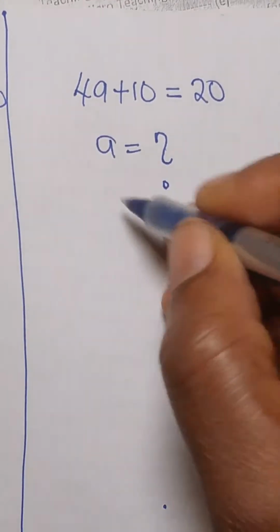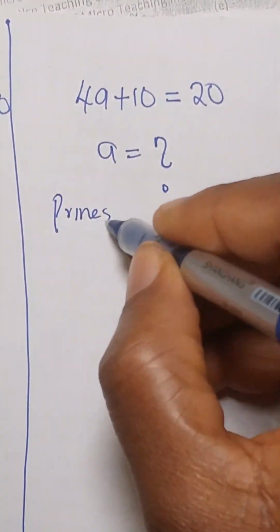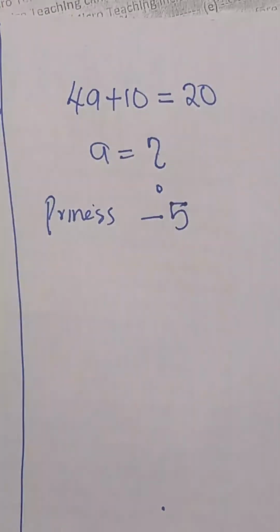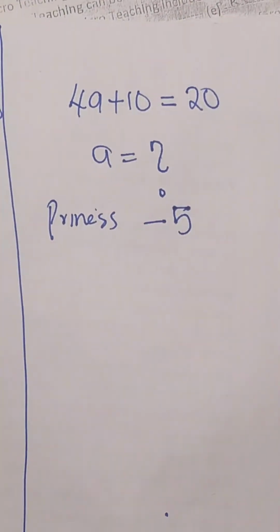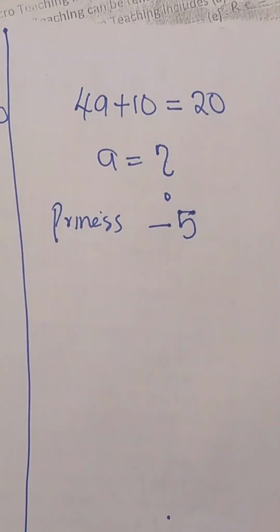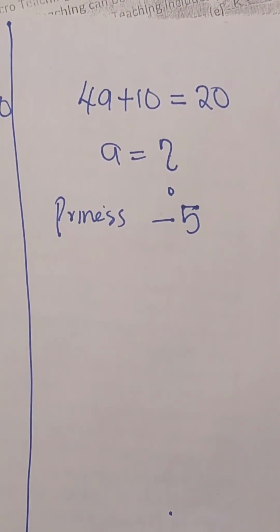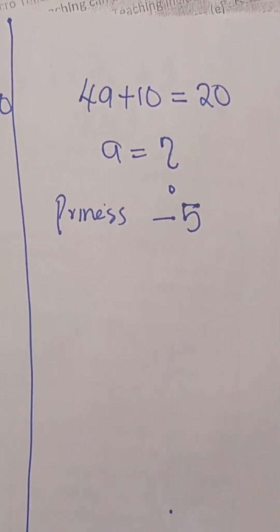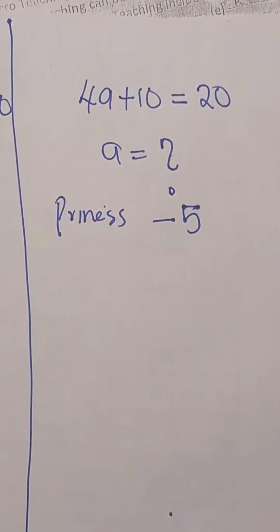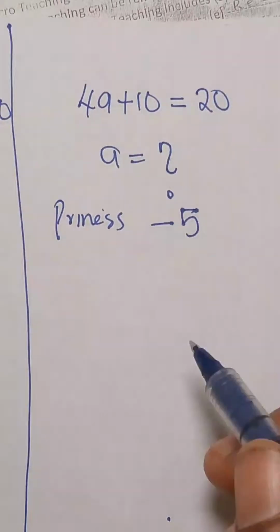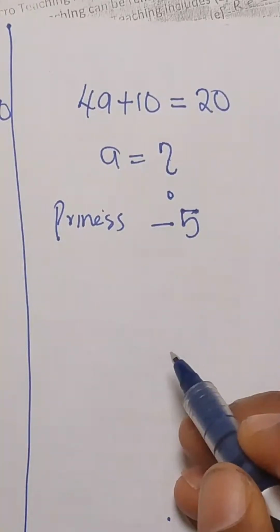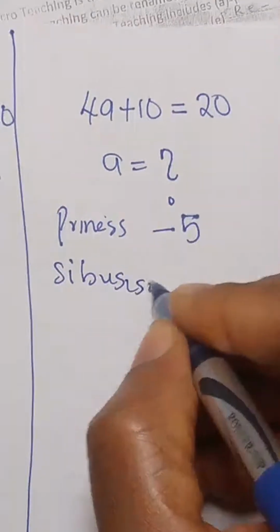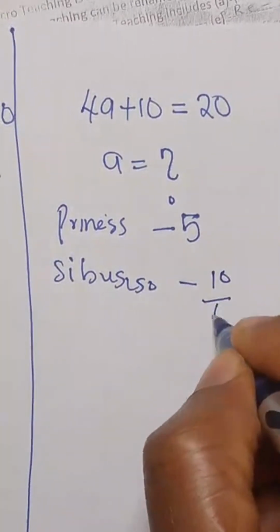So, Princess says 5. Sia 5. Then Sibusiso says 10 over 4.